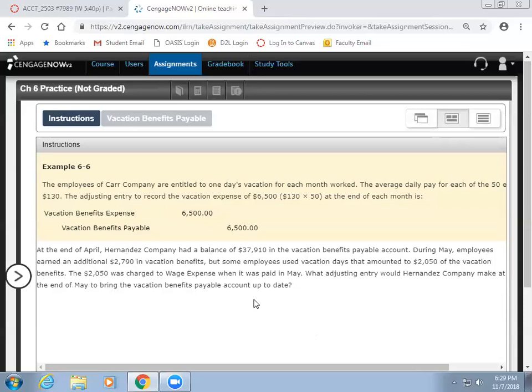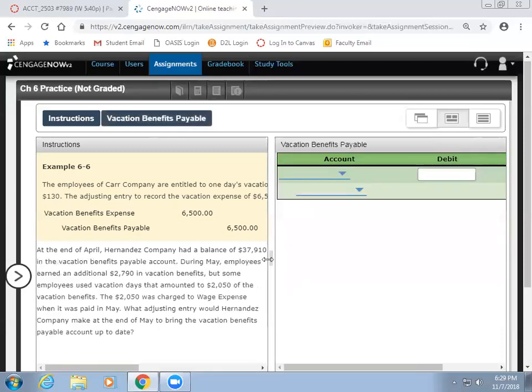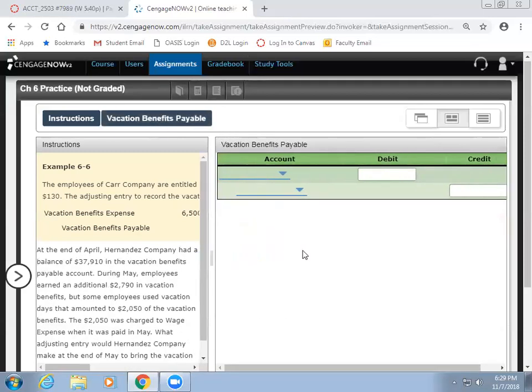So vacation benefits payable is always credited every time we accumulate or earn more vacation pay. In this case, since we had a month where some vacation benefits were used, we just need to add in the difference to bring it up to date with what we still owe in vacation benefits. I'm going to click on this vacation benefits payable tab. Basically it's an adjusting entry, and I'm still going to follow the same format they gave us in the example.